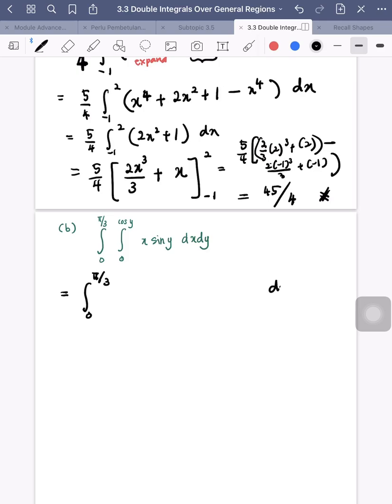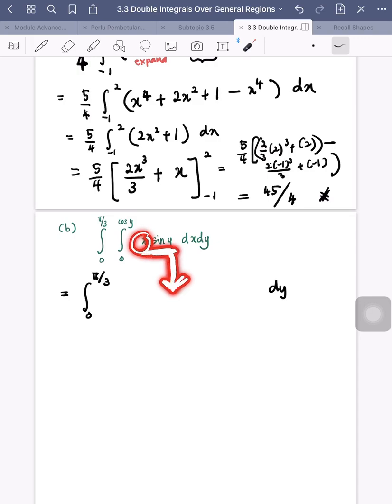This is the outside. For the inside, you see here the x only here. This one is not x, this one is y, so y becomes a constant. When it becomes a constant, it just follows. And this one is multiplication, x multiplied with sin y.